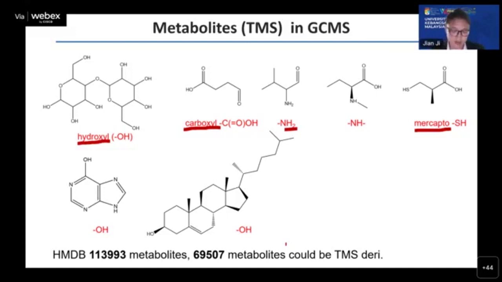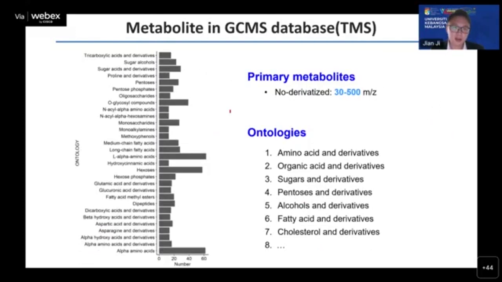But in fact, for many of them the molecule is too big, and even after derivatization it cannot be easily turned to gas. In this way, the detectable metabolites become fewer and fewer. Let's look at the normal GCMS database and the ontologies of these metabolites.